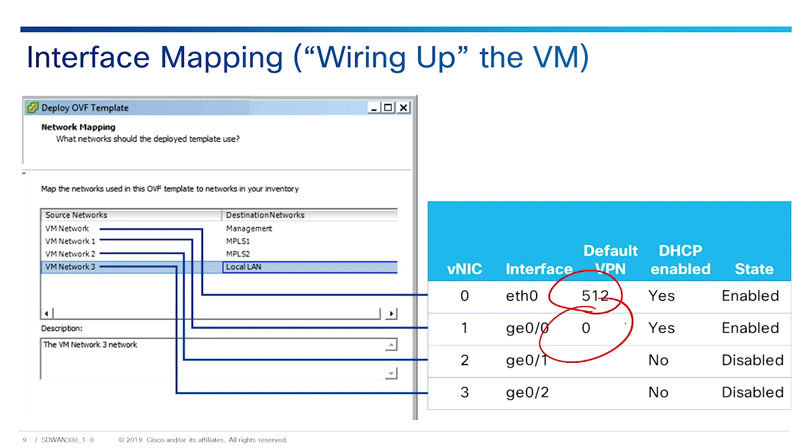Okay? And then we'll have additional interfaces that we can join as well. Okay? And you can see the default settings here and interface names for each of the links and whether or not DHCP is enabled. DHCP is going to be enabled by default for VPN 0 and VPN 512.